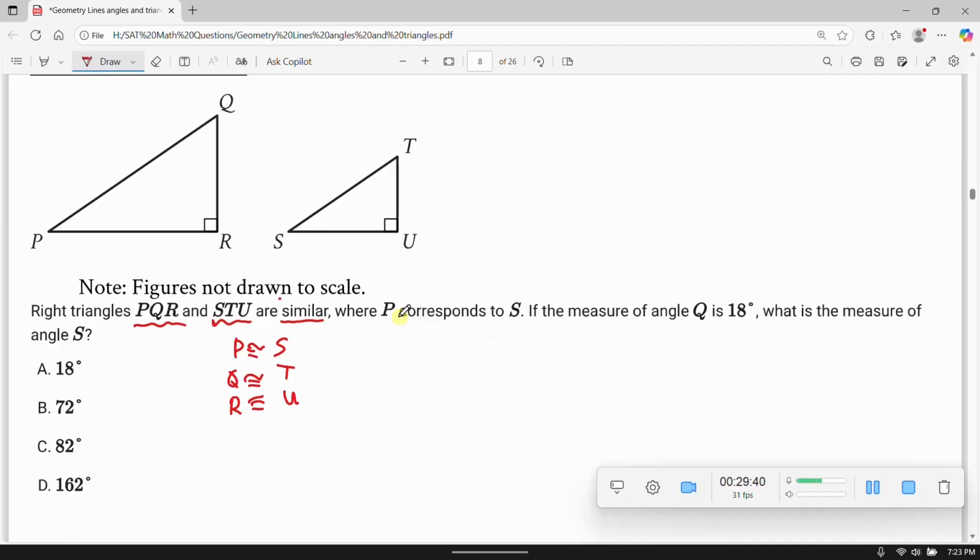So again, whenever you have similar figures, there are two things. The three lengths, whatever the figure is, are proportional, but the angles are congruent.